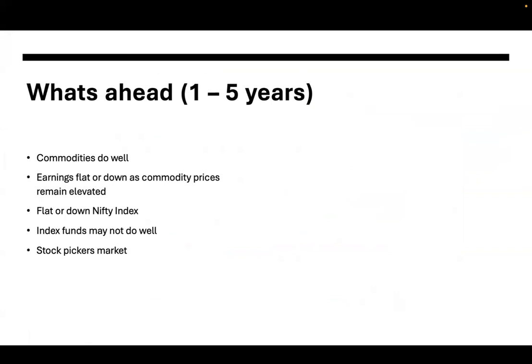Index funds in general, whether a mid cap, large cap or small cap index, may not do well over this 1 to 2 year period. So it essentially becomes a stock pickers market. Only selective stocks do well, whichever have momentum or positive influence from these commodities, while the others will lag or remain flattish.